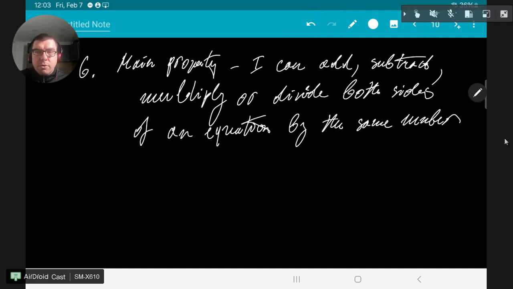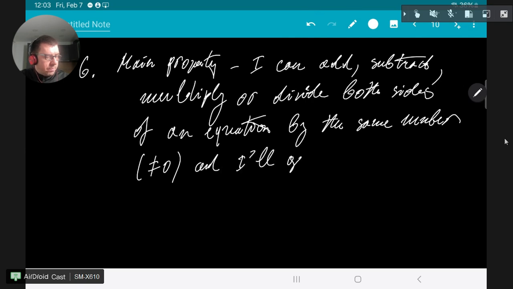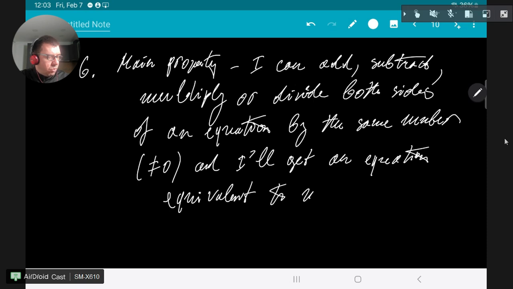Obviously, in the case of multiplication and division, this number has to be different from 0. Let's put it like this, different from 0, and I'll get an equation equivalent to my original equation.